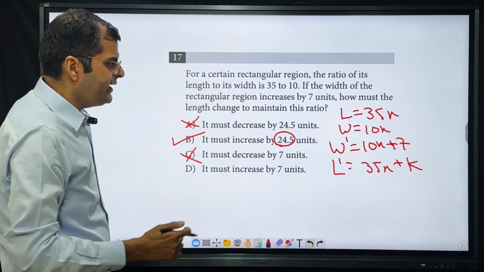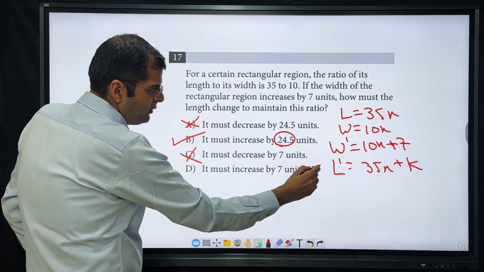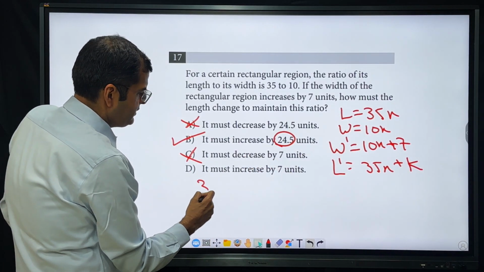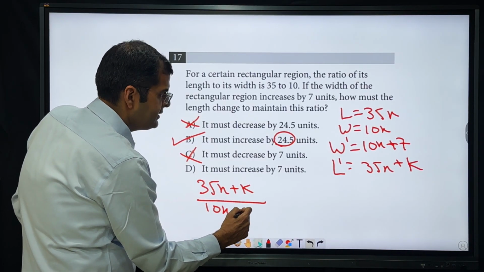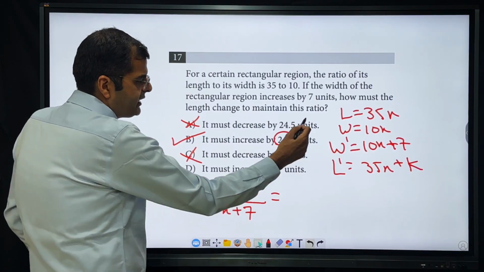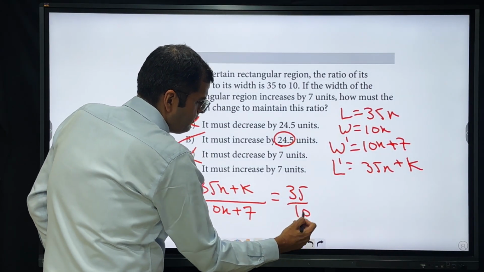But if you want to calculate it, you will do L dash by W dash, which is 35x plus k divided by 10x plus 7, equal to 35 by 10, because you have to maintain the ratio.